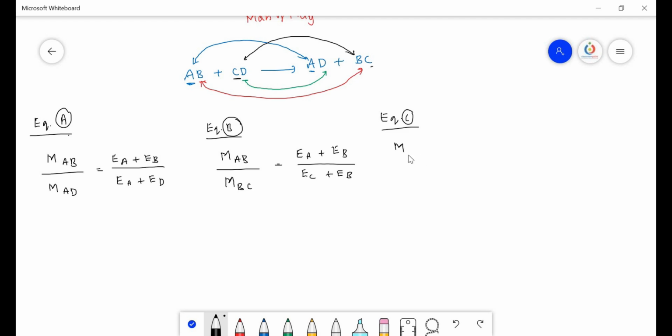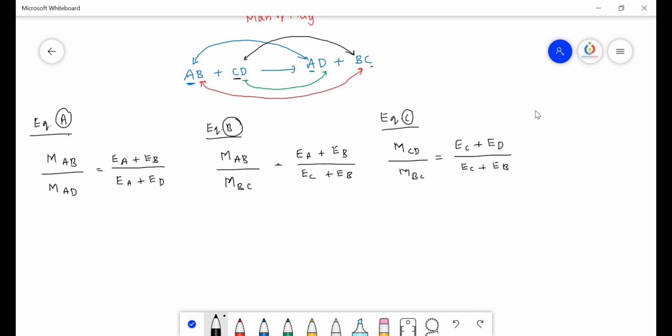So then the formula becomes mass of CD compound divided by mass of BC compound is equal to equivalent mass of C plus equivalent mass of D divided by equivalent mass of C plus equivalent mass of B.